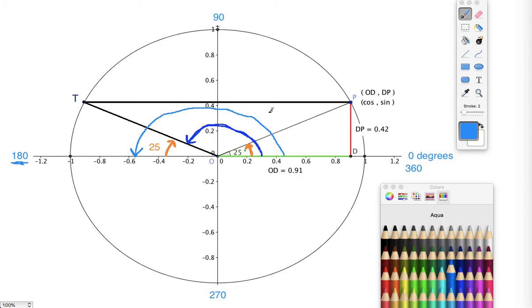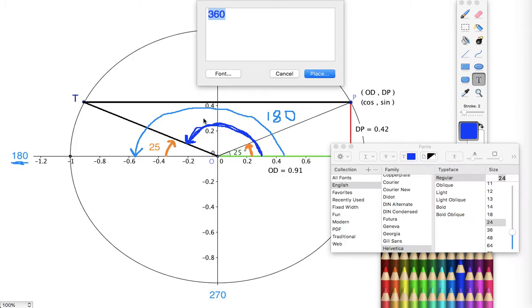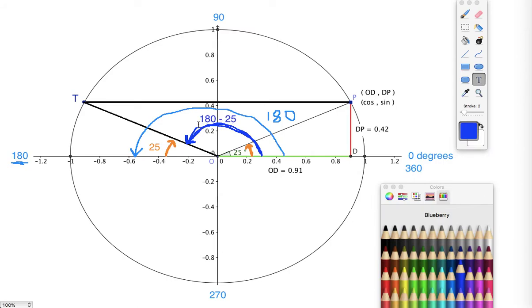So if I know that blue right there is 180, and I know that from here to here is 25, I therefore know that this purple angle from here to here is going to equal 180 minus the 25, or 155.